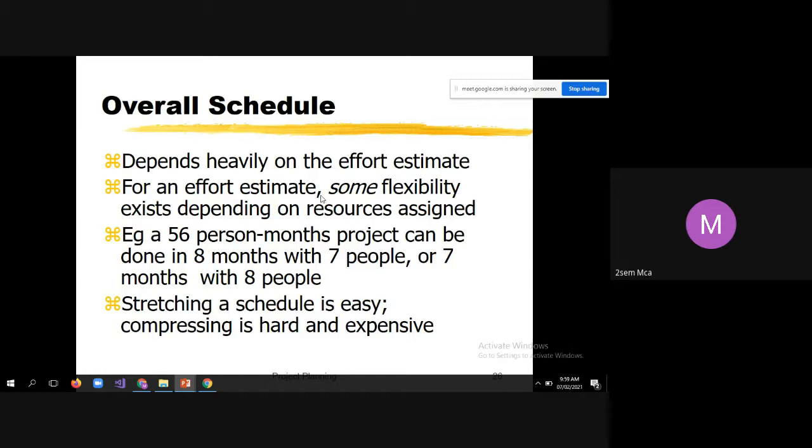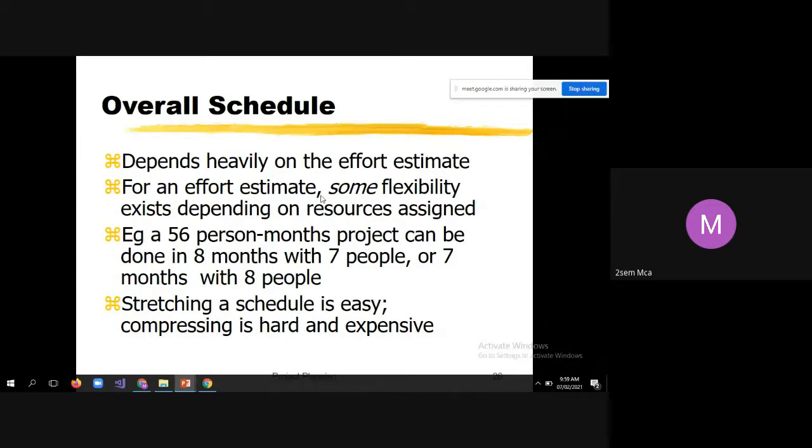Then overall schedule. The overall schedule depends heavily on the effort estimate. For an effort estimate, some flexibility exists depending on resources assigned. So whenever we are estimating the effort, there should be some flexibility. The example for that is 56 person months.